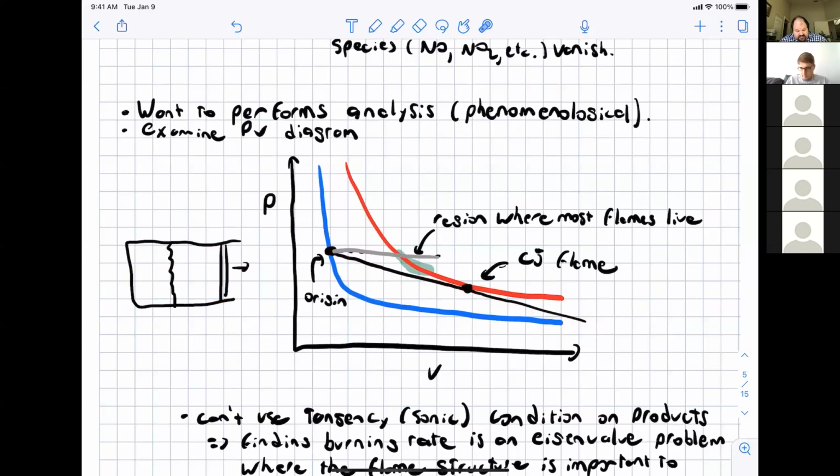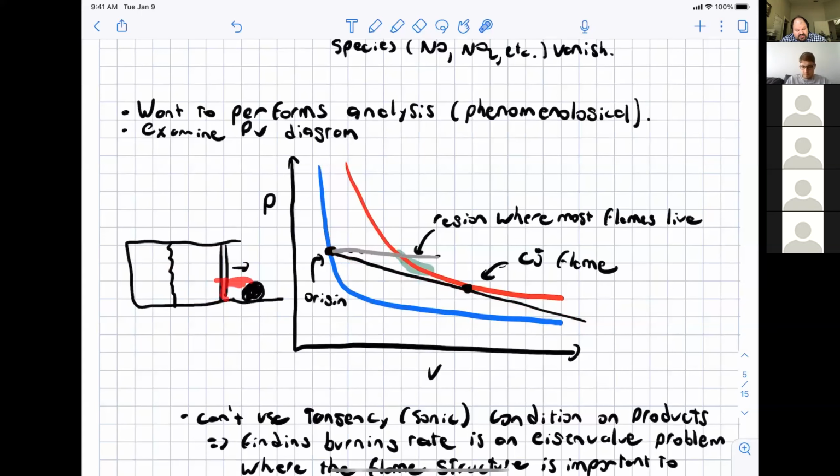Or if you have a tube or a realistic scenario and say there's some rubble here, like a big rock or something, the shock can actually impact this and reflect backwards.